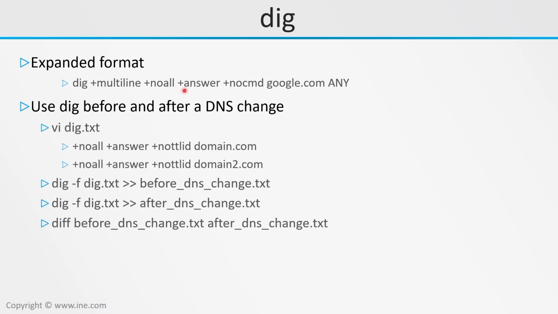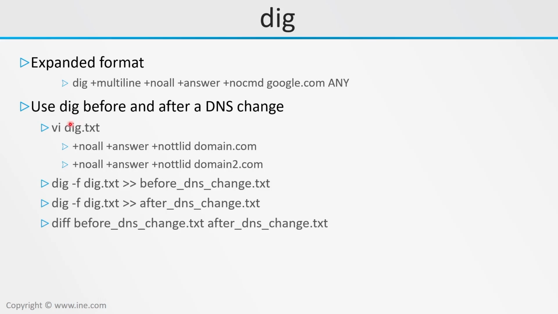So notice it's to the right of the no all. The no CMD turns off display for the control command line, and then we're doing a normal query for google.com any record.